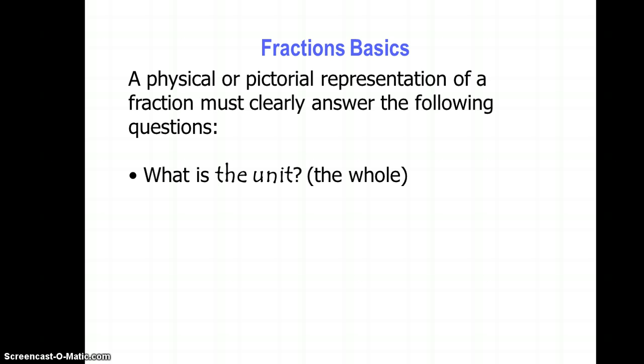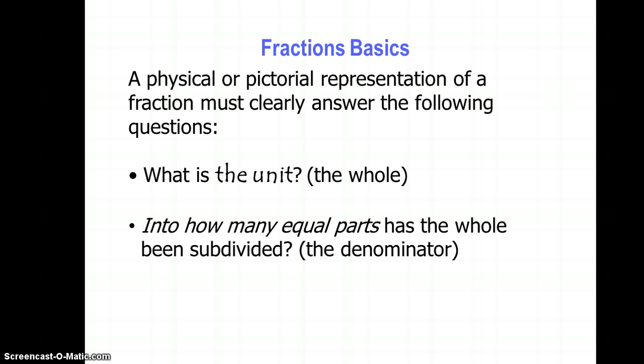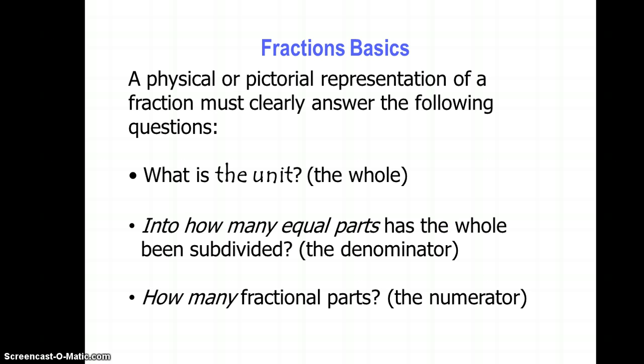So the unit whole, whatever it is you're looking at, is one of the main ideas. And then of course you have your numerator and your denominator. So the denominator basically tells you the equal portions that you're looking at, and then the numerator is how many of those portions. And we'll see that with the fraction strips also.